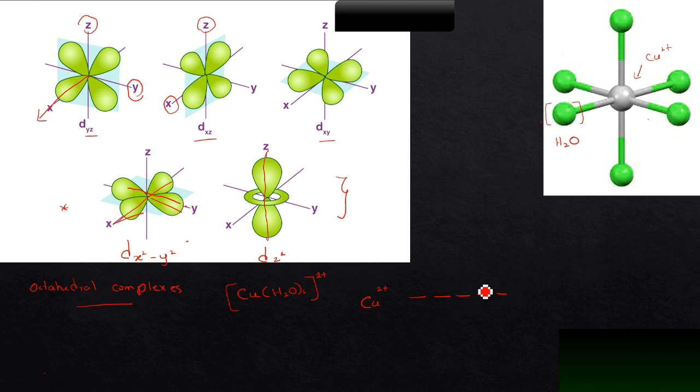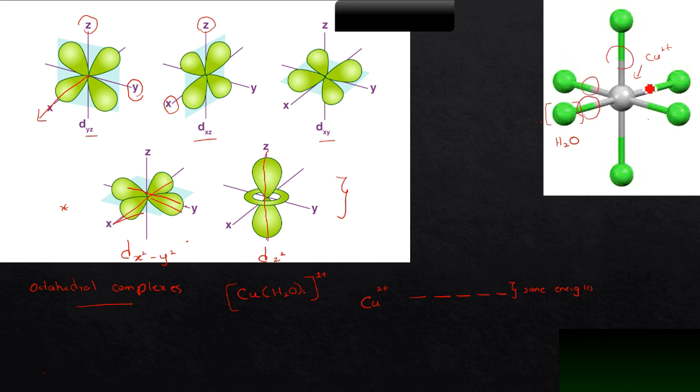At first, before any contact with the ligands, when the copper 2 plus is a free ion without any interference, all these 5 orbitals have the same energy. But when the ligands bind with the metal center and the complex is formed, there are bonds here.